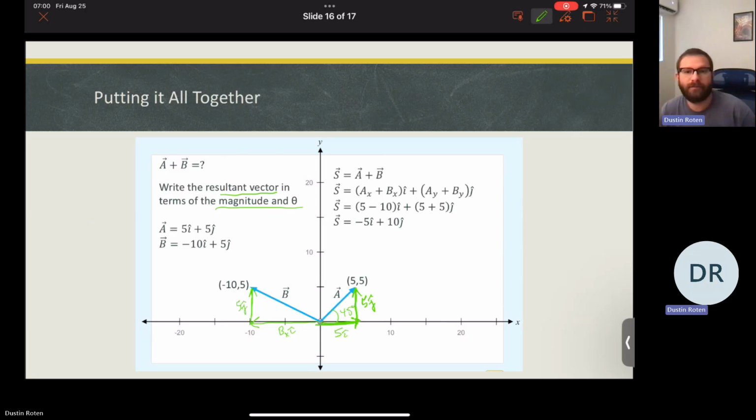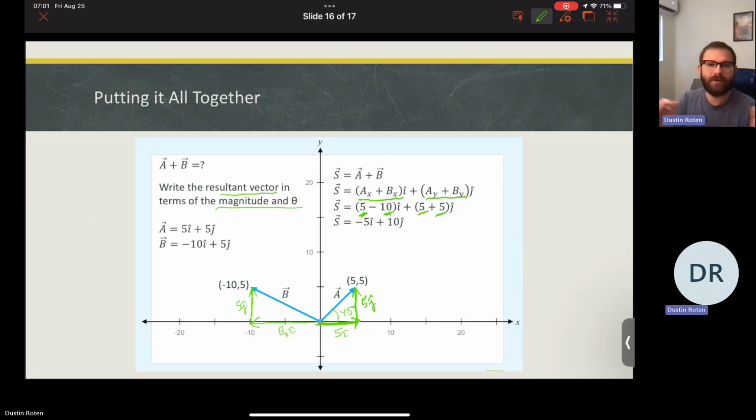Now it's time to just do the vector addition from the last few slides. So I've gathered my terms. I need to add up all the x pieces. So the x pieces are going to be 5 and negative 10, because it's pointing in the opposite direction. And the y pieces are going to be 5 and 5 again. So you can see my individual pieces here from these vectors. I've grouped them all x's, all y's. I've assigned my i hat and j hat with them.